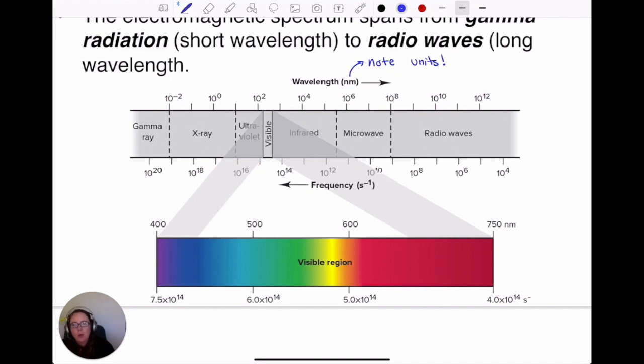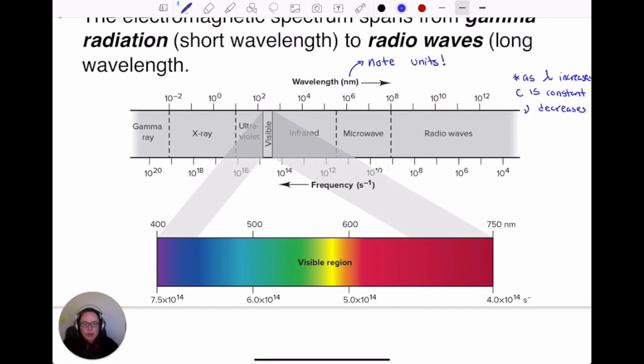As the wavelength is increasing, the speed of light stays the same, so the frequency has to decrease. So as lambda increases, c, which is our speed of light, is constant, so that means that nu decreases.